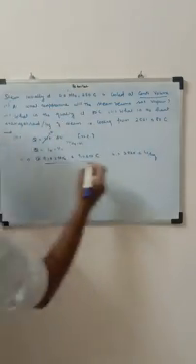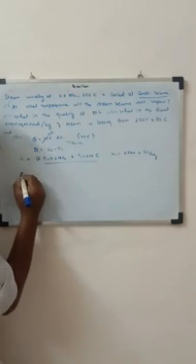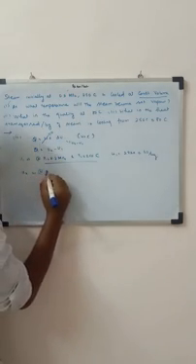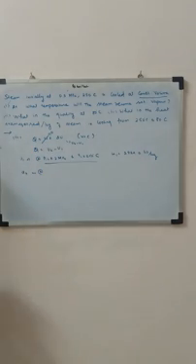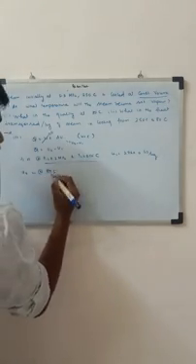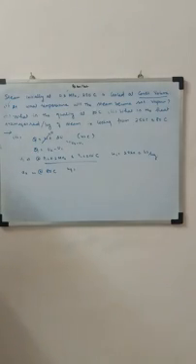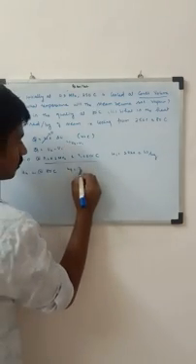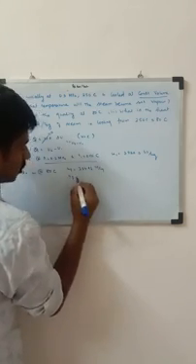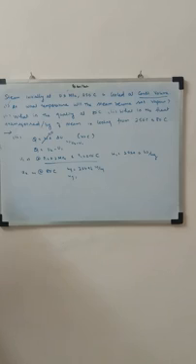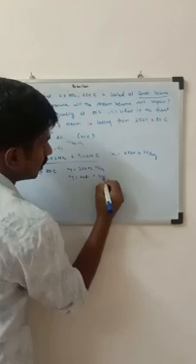This is the value at state 1, and I need to calculate it for state 2, which is the final state, which is U2 at, we don't know what is my pressure, but what we know is the temperature, so 80 degrees. I go to the steam temperature table and I write down what is my UF. The UF value is equal to 334.96 kilojoules per kg, and my UG value is equal to 2481.5 kilojoules per kg.